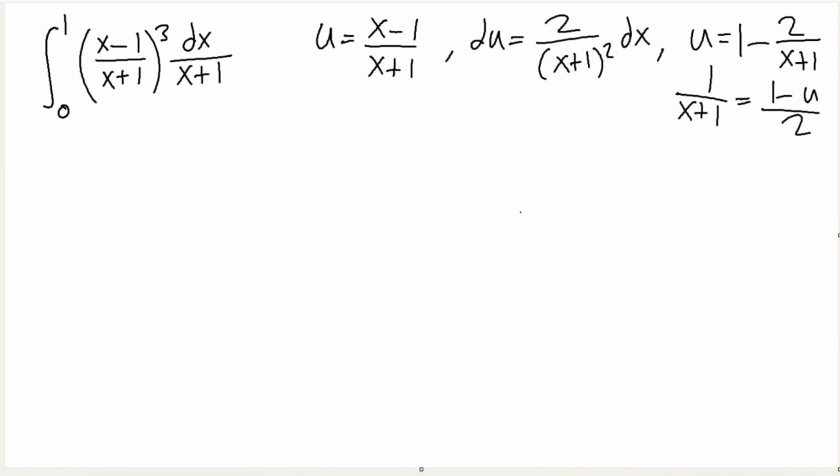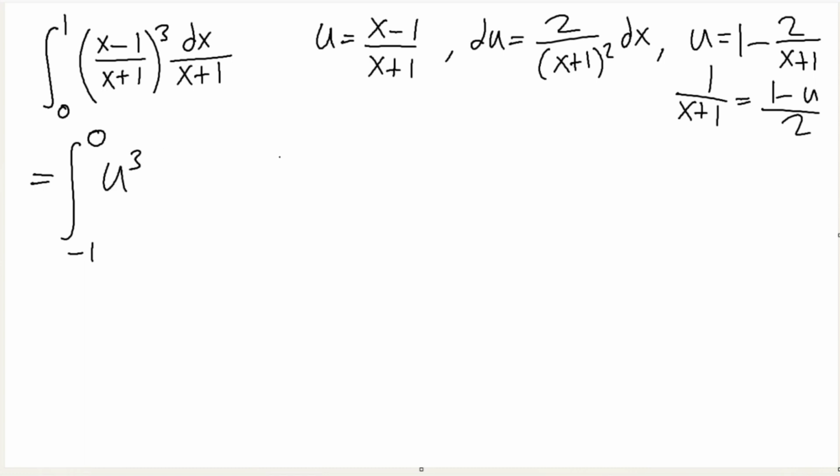So we are definitely going to use this, and most likely this, because we don't have a du. So we're going to jump right into our British substitution. Plugging in the bounds, we get -1 here, then plugging in 1, we get 0 here. We have u cubed.